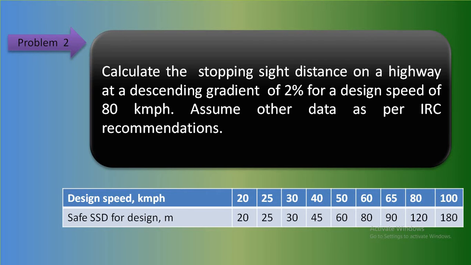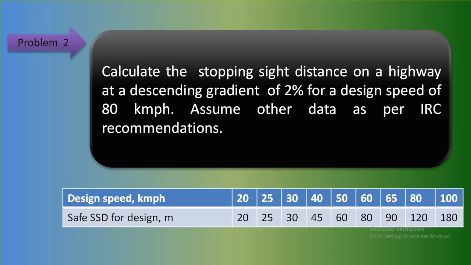And one tabular form is given here, that is design speed in kmph and safe stopping sight distance for design in meters. So here design speed is given, that is 20, 25, 30, 40, 50, 60, 65, 80 and 100 in kilometers per hour. Here safe SSD for design.